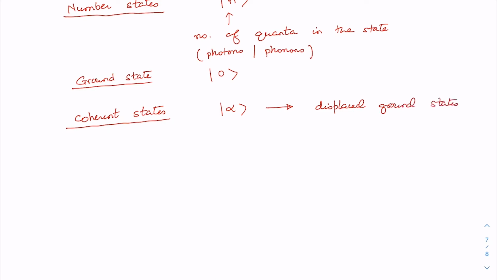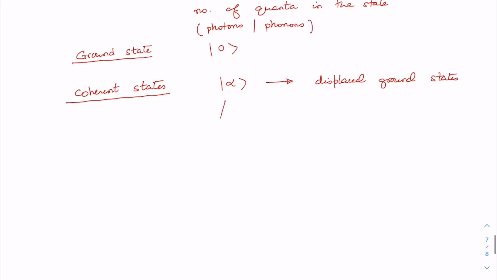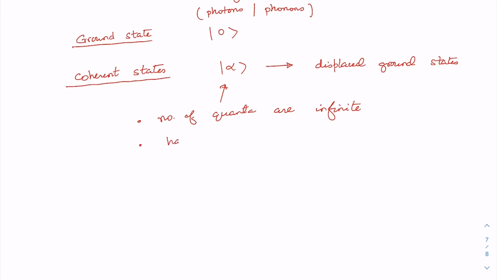Now the number of quanta in coherent states is generally infinite, and because of that, these coherent states have a definite phase.